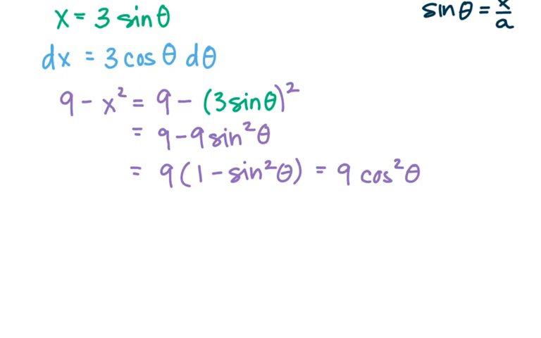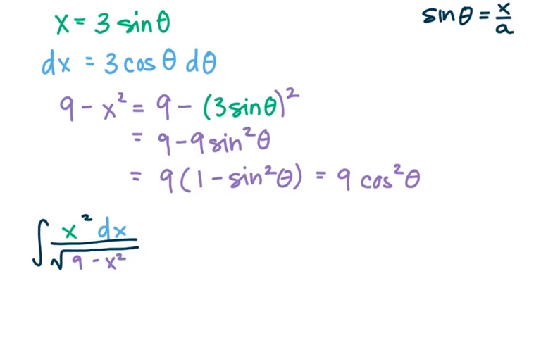Let me scroll down a little bit. I'm going to rewrite what we started with. We have the integral of x squared dx over the square root of 9 minus x squared. All I've done here is rewrite my original integral just so we can see that substitution.